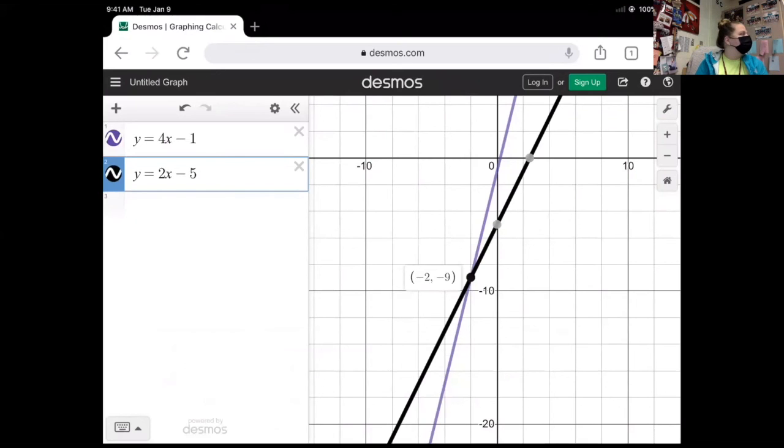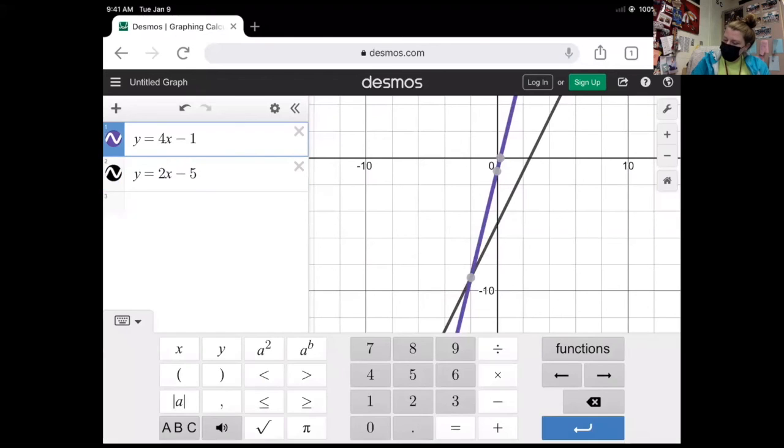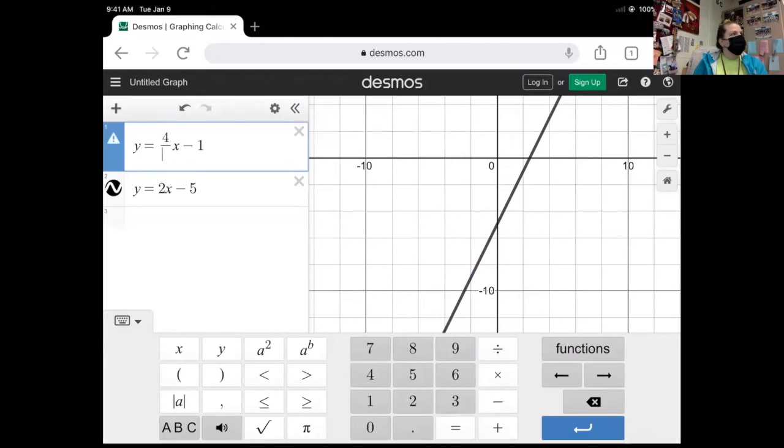If you just put 4x minus 1, then it would still work the same, as long as the y is by itself. If it wasn't, then that would not be the case. If I had to do like 4/3 x, you would just hit the division symbol and it'll give you a fraction bar.